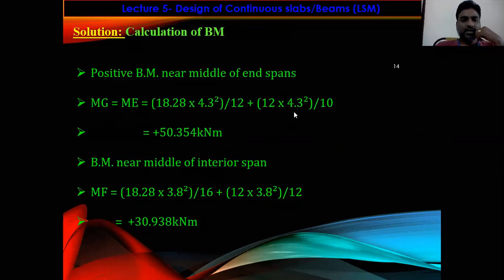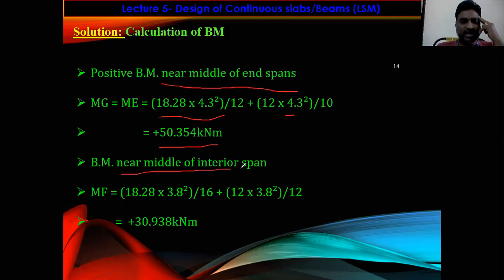So for that, you need to calculate the positive bending moment near the middle of end span. The maximum positive bending moment is 18.8 × 4.3² / 12 plus 12 × 4.3² / 10. This is 50.354 kNm, and this is the bending moment near the middle of the end span.